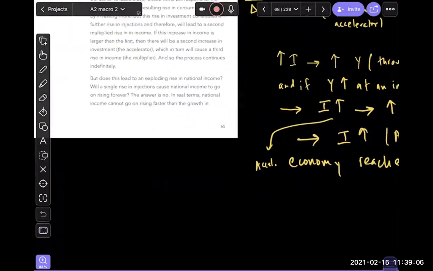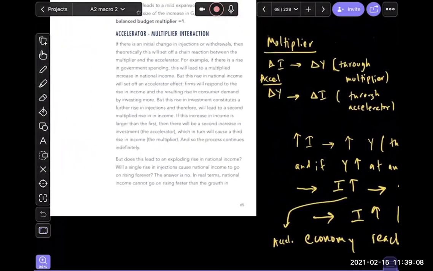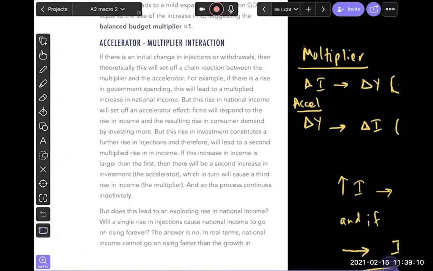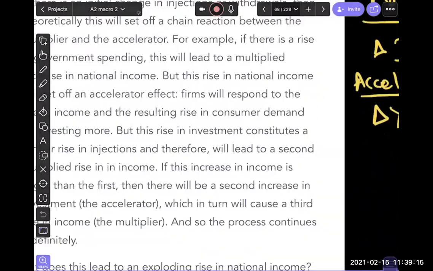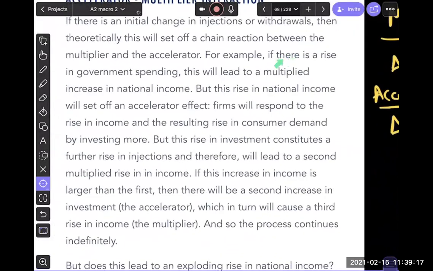So basically, if there's an initial change in injections or withdrawals, then theoretically this will set off a chain reaction between the multiplier and the accelerator. For example, what if government spending goes up? I didn't make the investment go up. What if government spending goes up? This will lead to a multiplied increase in national income through the multiplier.